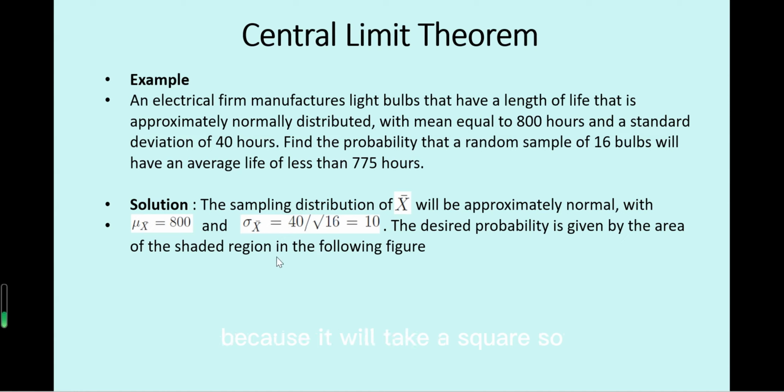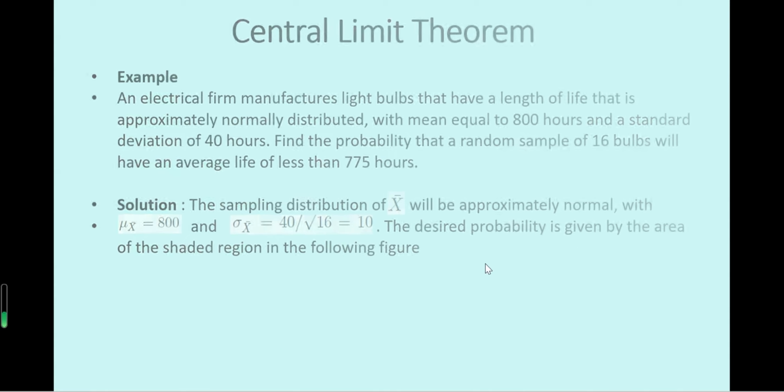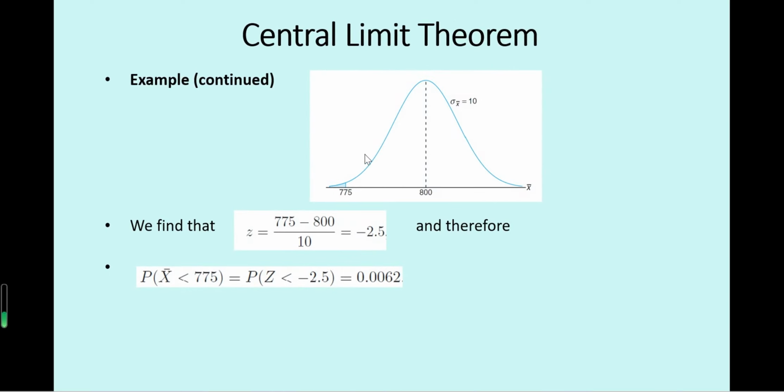Because the sigma square of x bar is the population variance divided by the sample size, we take the square root, the standard deviation divided by the square root of the sample size, which equals 10. So the standard deviation of x bar is 10. The desired probability is given by the area of the shaded region in the following figure.